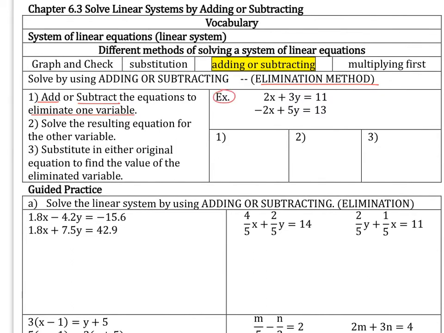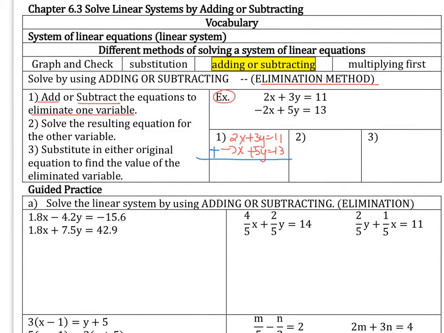So I'm going to take 2x plus 3y, and I'm going to line it up with negative 2x plus 5y equal to 13. And then it seems like it's going to be easier to eliminate 2x and negative 2x by adding these two equations.